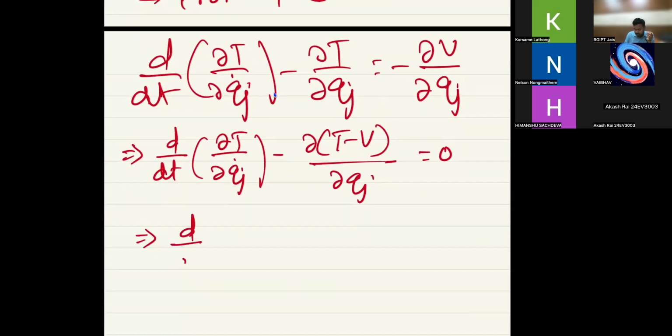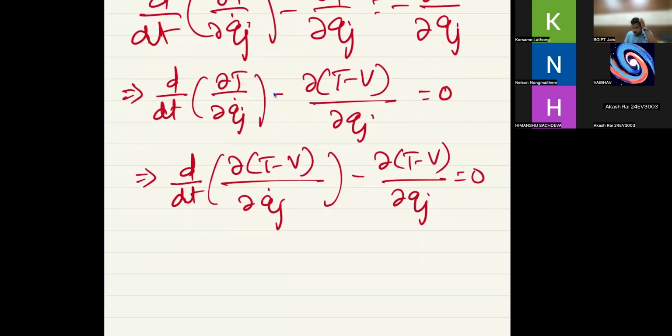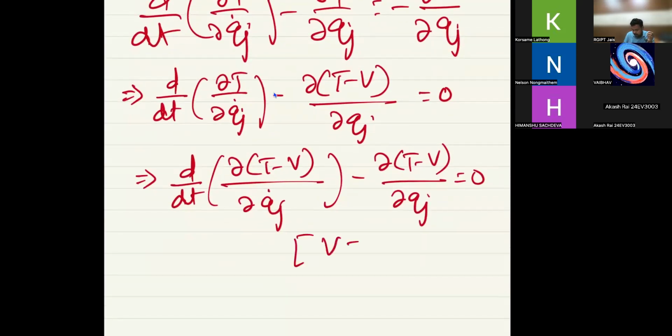And then you can further write d dt of del (T minus V) del Qj dot, minus del (T minus V) del Qj. Why have I included V here? Because V is generally not a function of Qj dot, so this del V del Qj dot that I have inserted should be equal to 0.